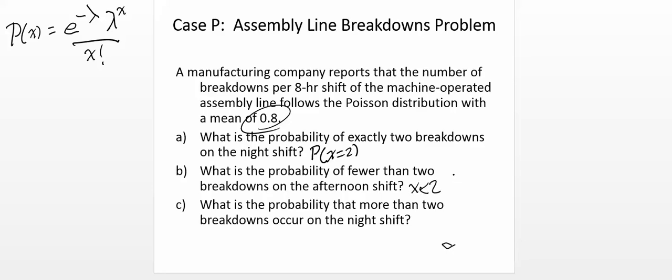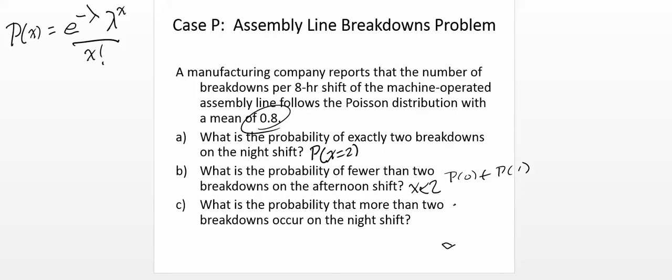Well, the only possibilities are 0 and 1, so it's the probability of x equals 0 plus the probability of x equals 1. And lastly, part C asks, what is the probability that more than 2 breakdowns occur on the night shift?